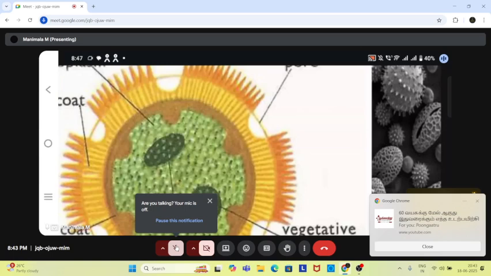And no enzymes degrade the sporopollenin. Very, very important: there is no enzyme that will degrade sporopollenin. With the help of this only, as I told, we can preserve the pollen grains for a long time.